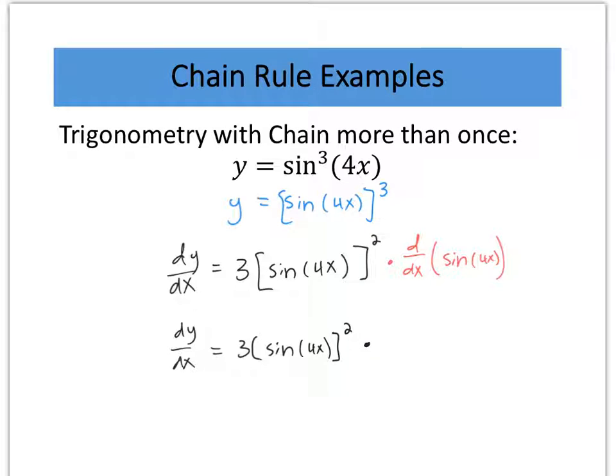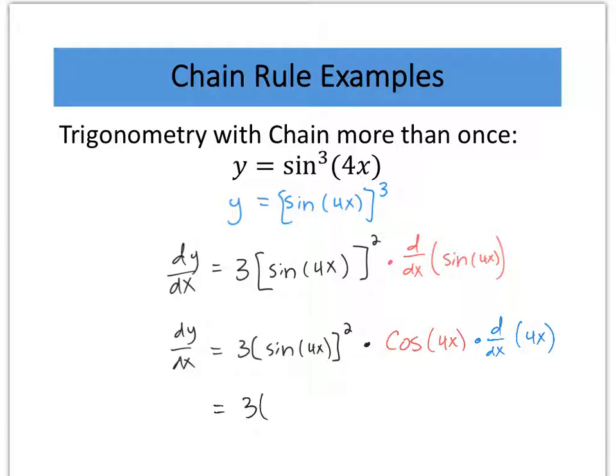The derivative of sine of 4x is cosine of 4x times the derivative of the inside of 4x, which we know to be 4. But we had to do that extra step, which may not seem super intuitive.